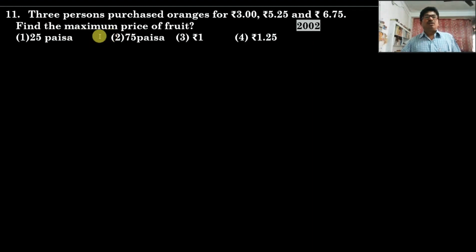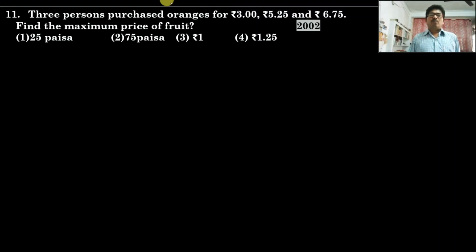11th question, 3 persons purchased oranges for 3 rupees, 5 rupees 25 paise and 6 rupees 75 paise. Find the maximum price of fruit. To find the maximum price of fruit, we have to find the HCF, GCD of these numbers.